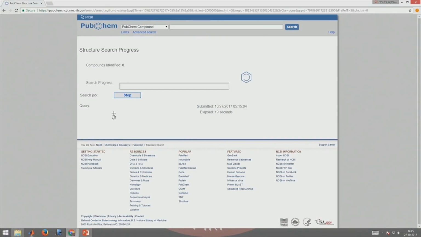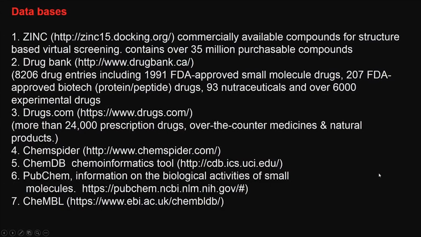Okay. So, you can start playing with all these different databases available on the web. All these are very useful databases because they give you structures and a lot of properties which you can make use of for doing different types of calculations. Because we will not have enough time to go through each one of the databases in detail, I would suggest that you go through all these databases.